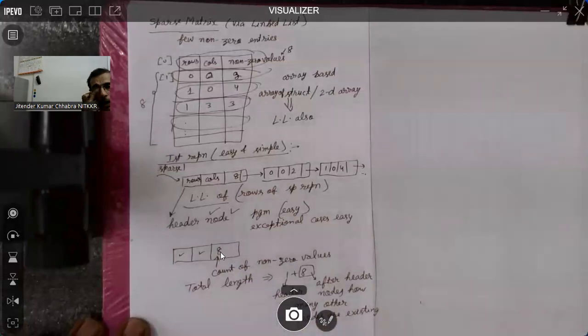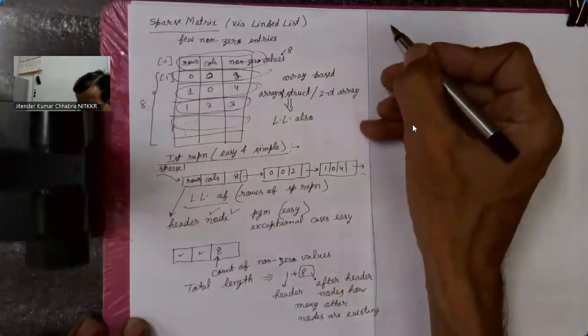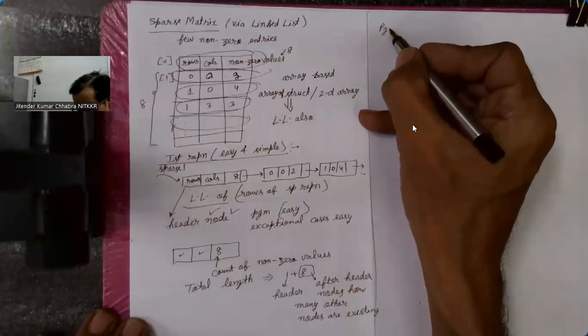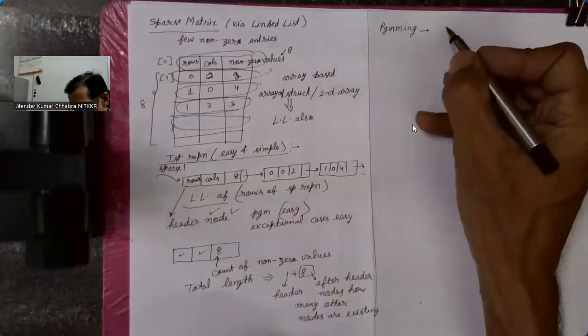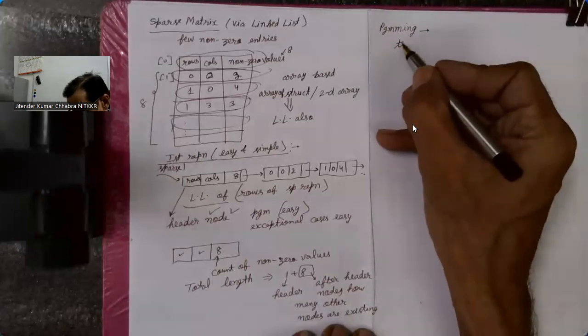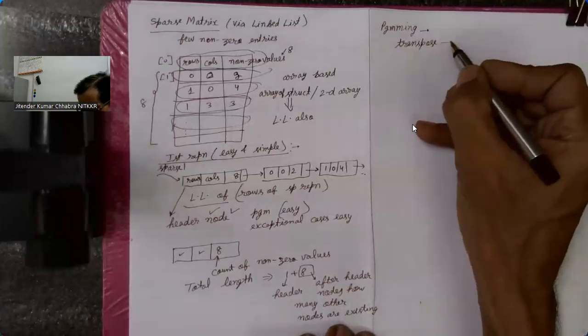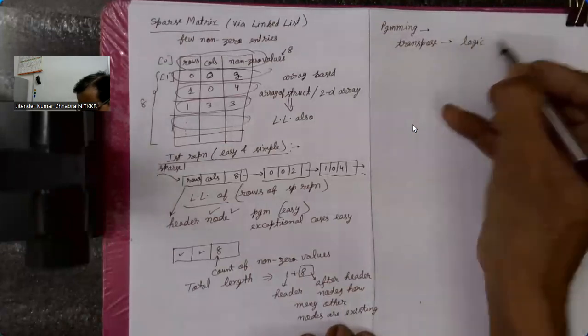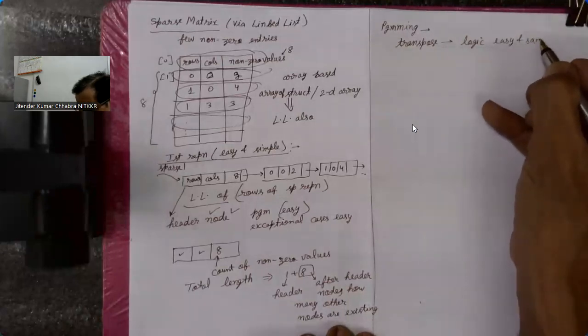All that makes things simple. If you do it like this, I am not supposed to do anything more than have the same programming. So now programming will be simple. For example, if I have to do the programming for a transpose, whatever transpose logic we wrote earlier will still continue.